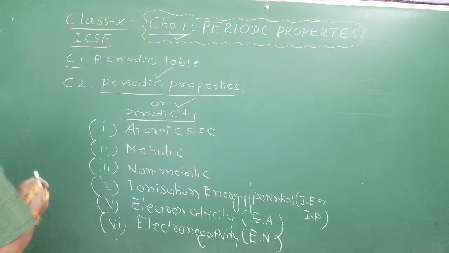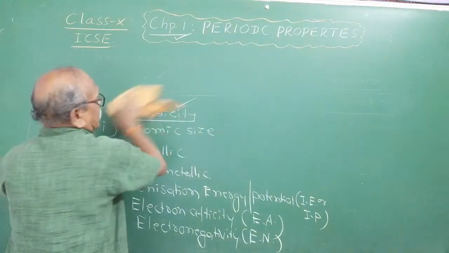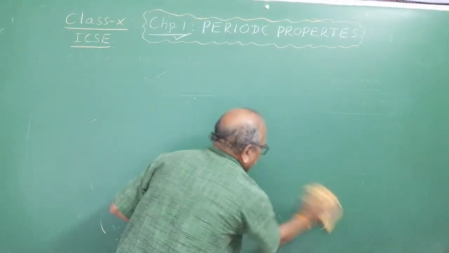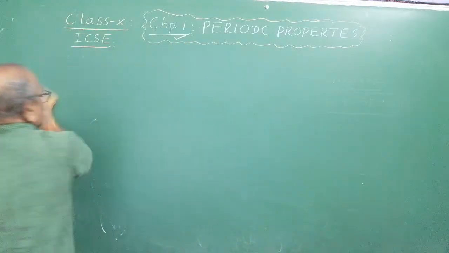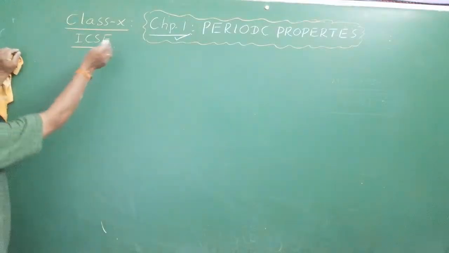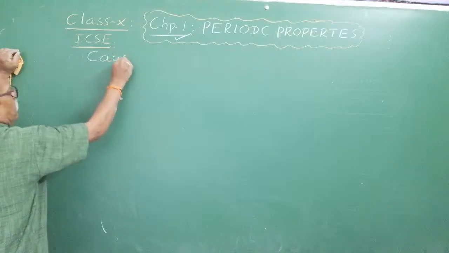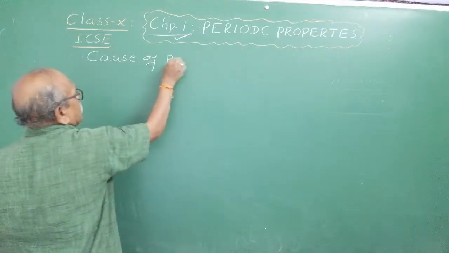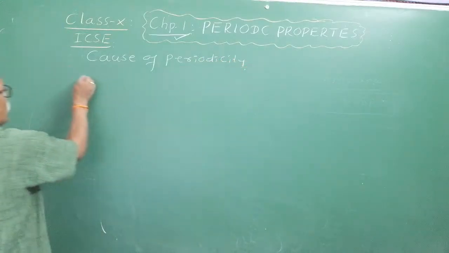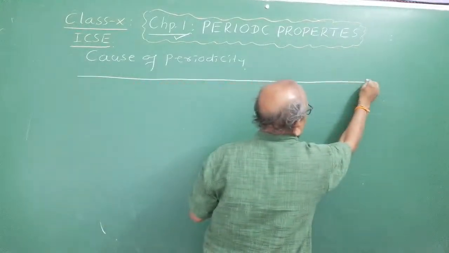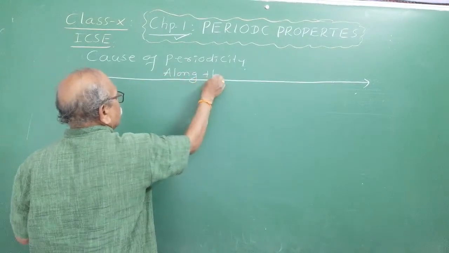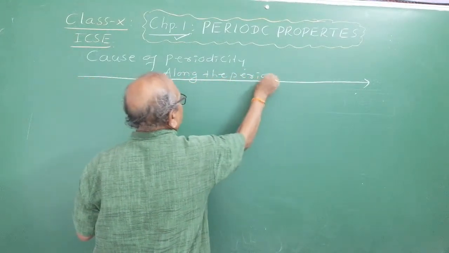I will teach them. Before that, today we will try to understand the basic reason why these variations are observed. As per the syllabus, we will discuss this by taking alkali metals and halogens. This is the cause of periodicity, very very important. If you move along the period, whenever I say along the period, understand that it is from left to right.